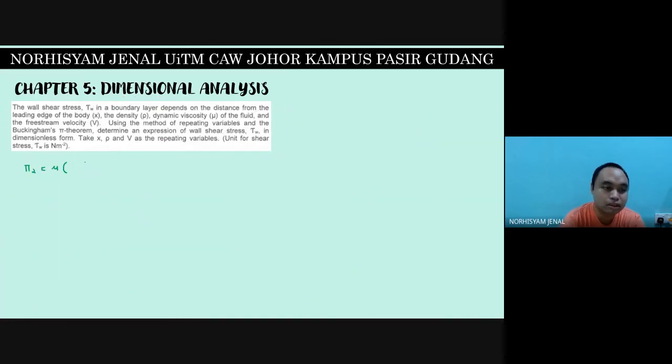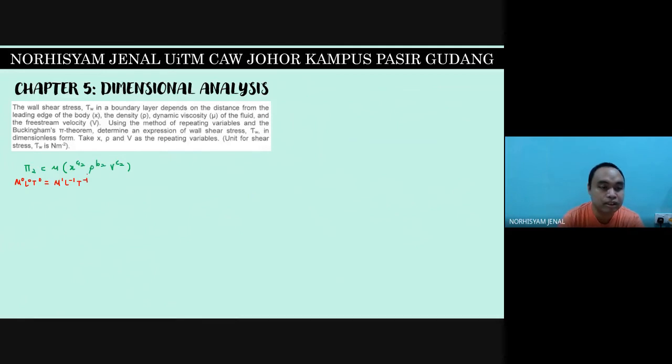X A2, and then rho B2, and then V C2. Okay, so solve this. Pi 2 is M0, L0, T0 equals to mu, M1, L negative 1, T negative 1.